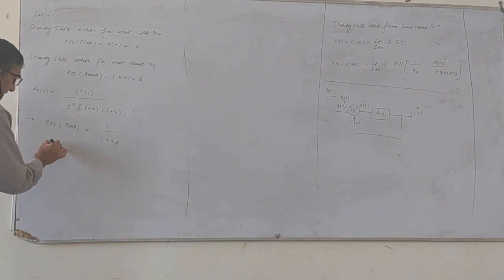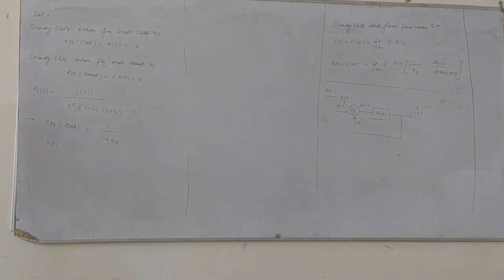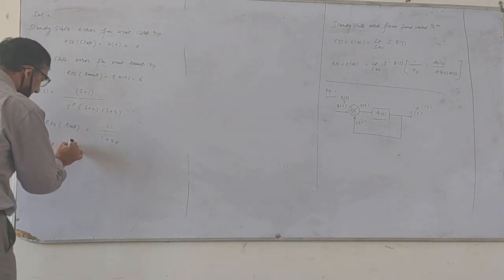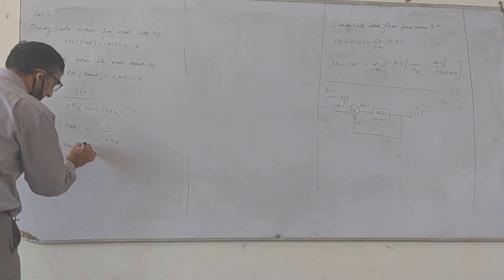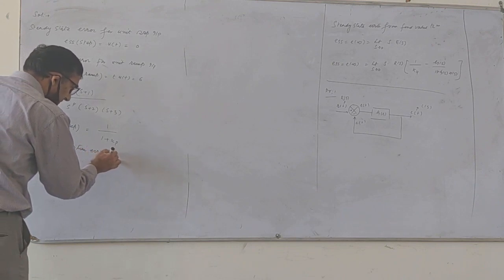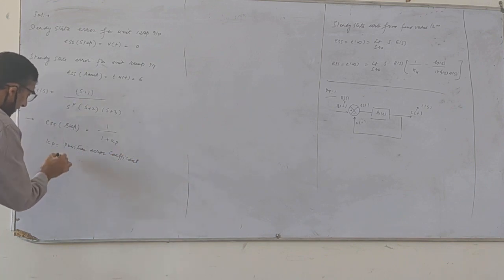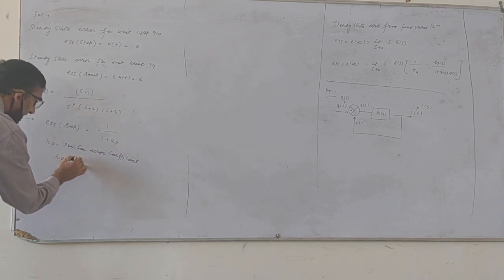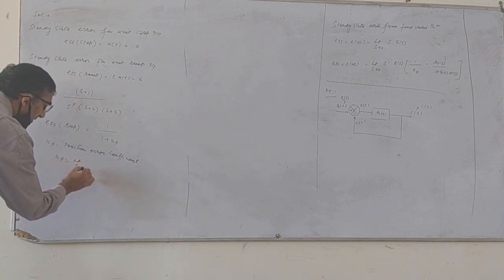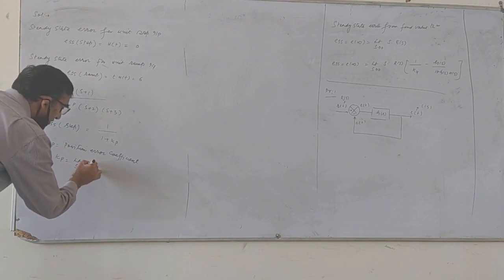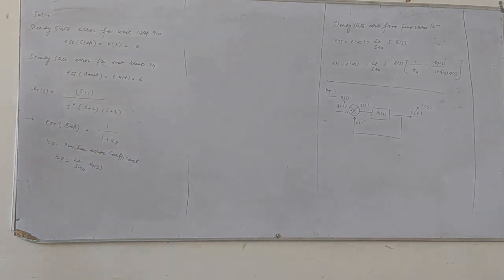But Kp is what? Position error coefficient. Position error coefficient Kp is given as limit s tends to 0 of G of s.